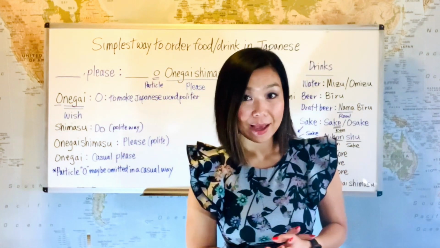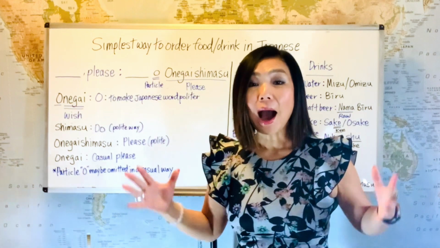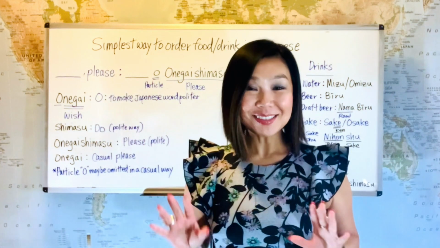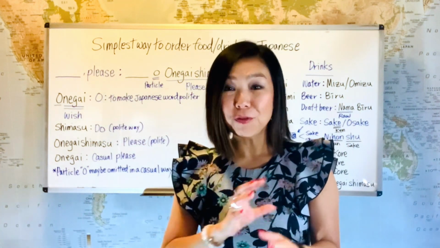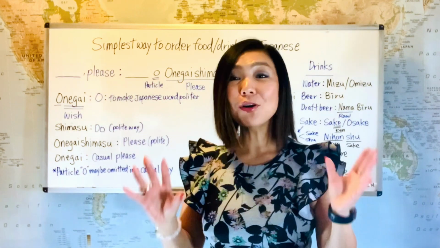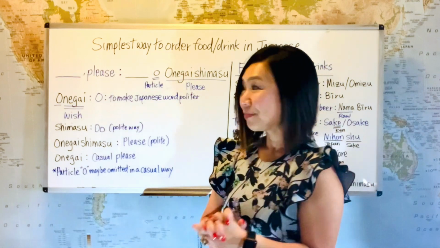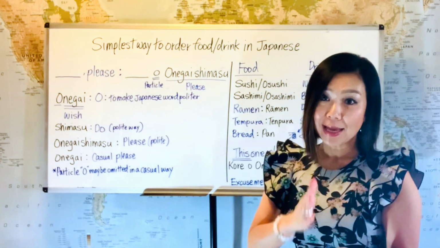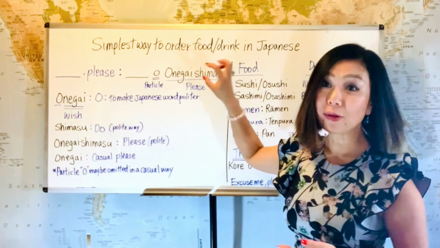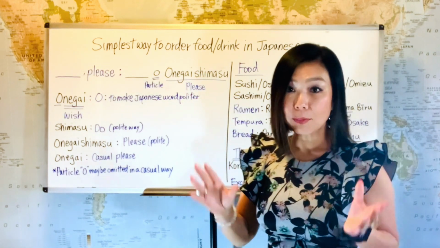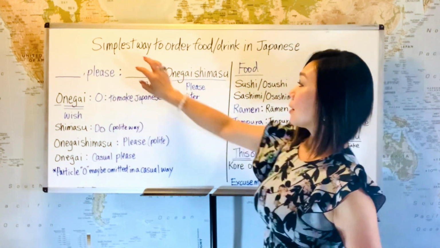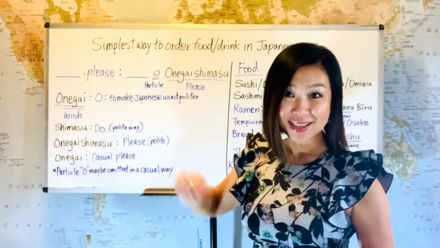That's a very casual way, okay? But I would like all my students to know the particle before removing it. That's a really casual way, so I would recommend using something o onegai shimasu in most cases.